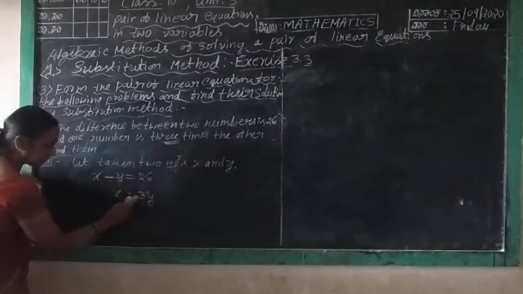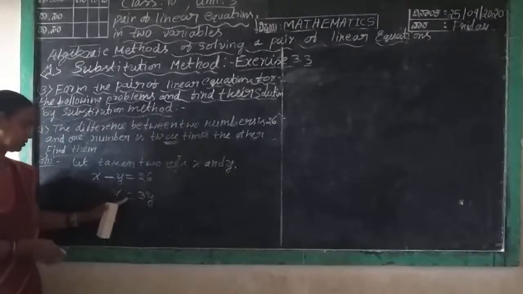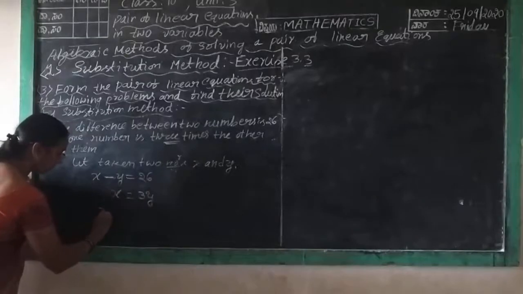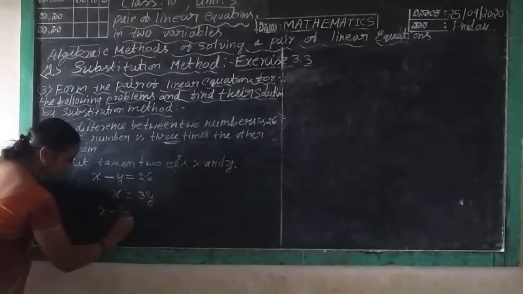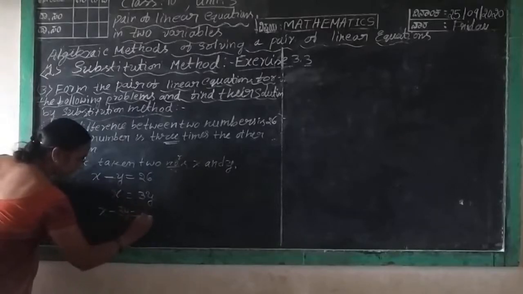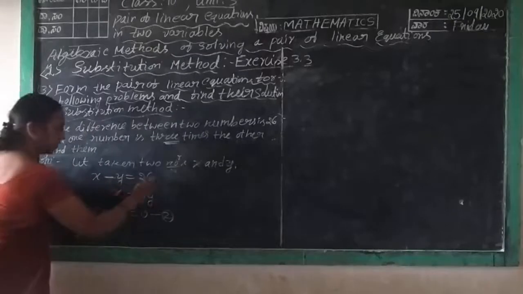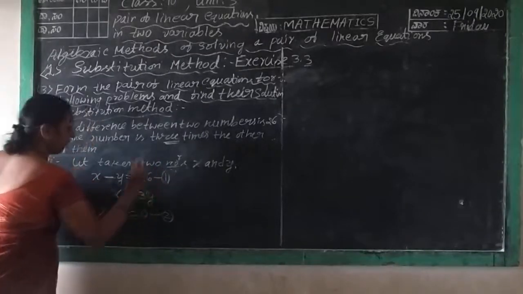One number is 3 times the other, so we write x is equal to 3y. We shift 3y to the left side and write it in equation form. This we denote as equation 2, and the earlier one is equation 1.